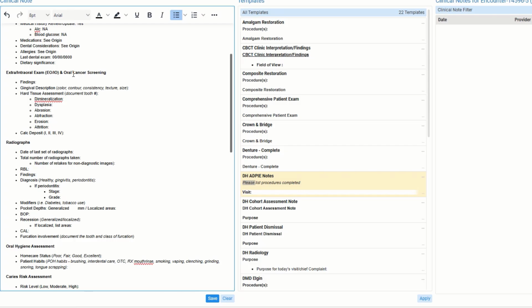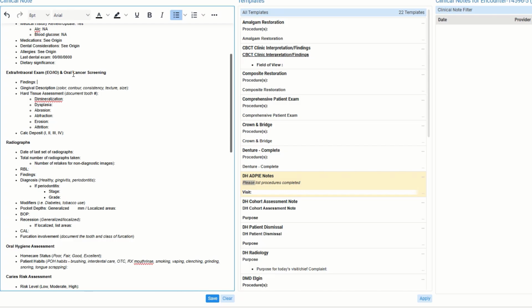If everything is within normal limits, or non-significant findings, we can just say see origin. Okay? But anything abnormal has to be documented in this area.